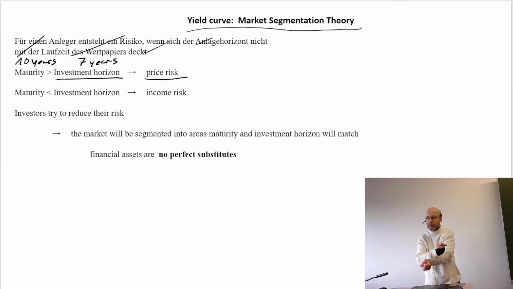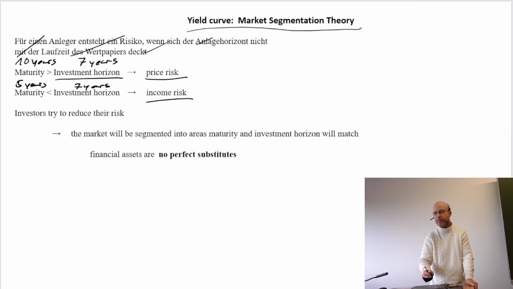The other way around, the argumentation is if maybe again 7 years, but we find only an investment possibility of 5 years, then of course after 5 years we have to reinvest our money because we need the other 2 years, but we don't know what the yield in 5 years for another 2 years will be. And therefore we talk in this case about an income risk.